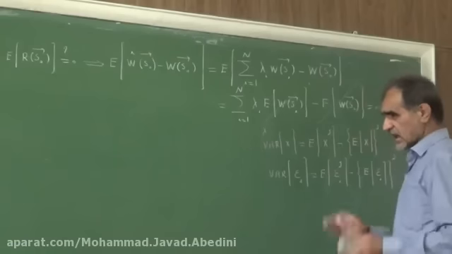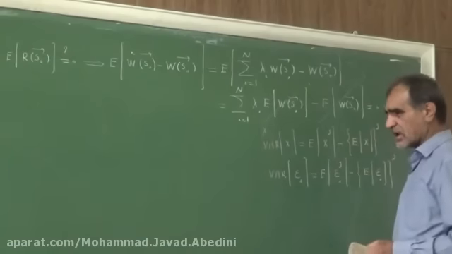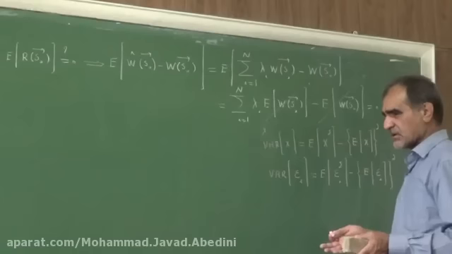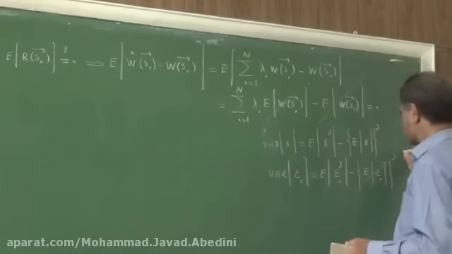Here we argue that we have to choose our mathematical model correctly so that the expected value of epsilon I is 0. Therefore, this part is 0.